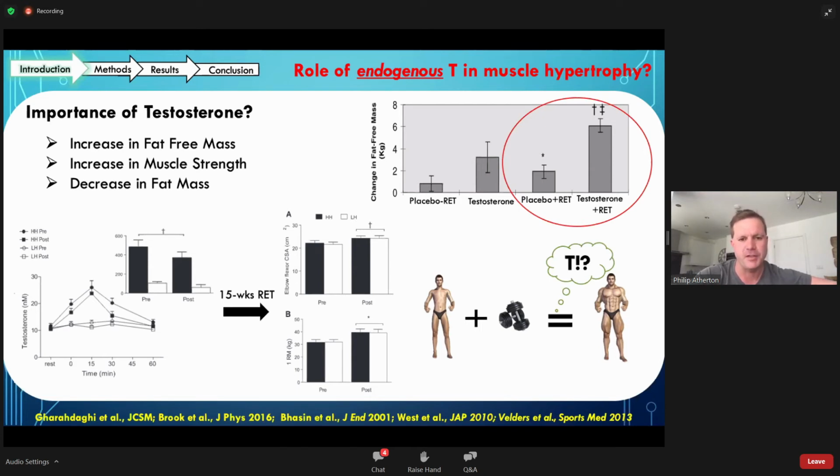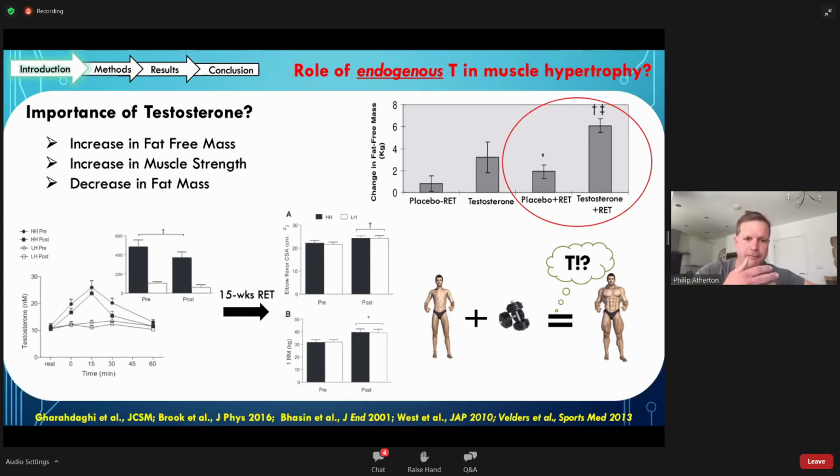This is a study from a colleague and collaborator, Stu Phillips, obviously a fellow Canadian for those out there, a fab researcher. Using a really cool model, they were able to show that if you exercise a big muscle mass against a low muscle mass, say for example you exercise the legs, and you exercise the legs and the arms, but you then take biopsies only from the arms.